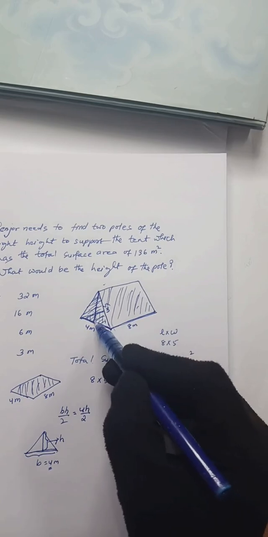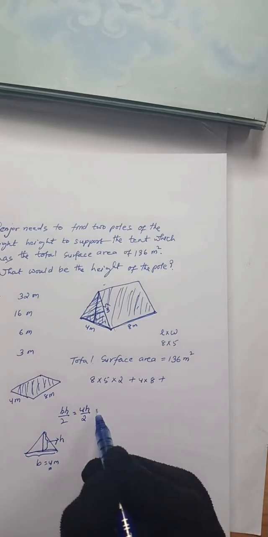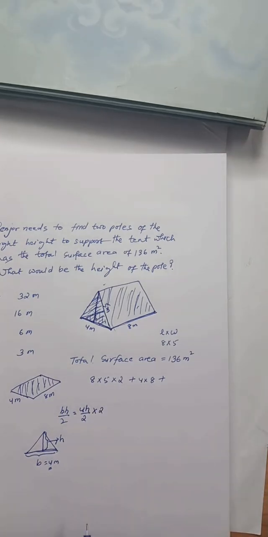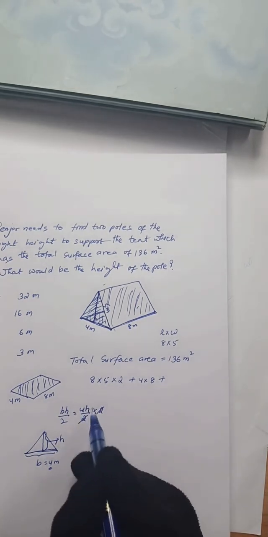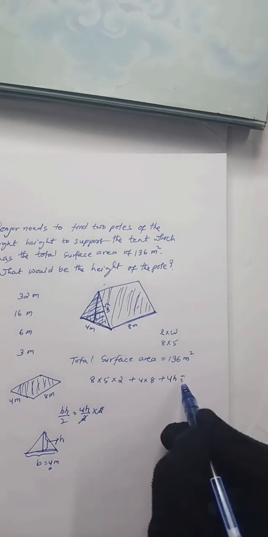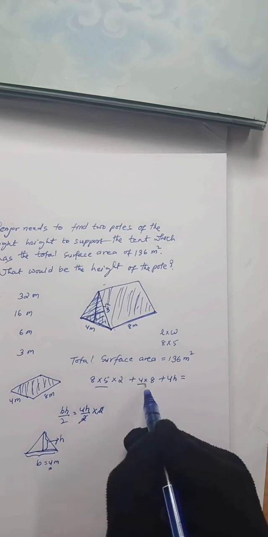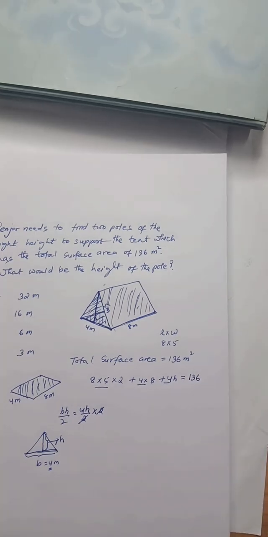Opposite to this triangle, we'll have another triangle here. Therefore, I need to again multiply by 2. Cancel this 2 with 2. So what we get ultimately is 4h equal to, when I add all these surface areas, I should get 136, which is my total surface area.